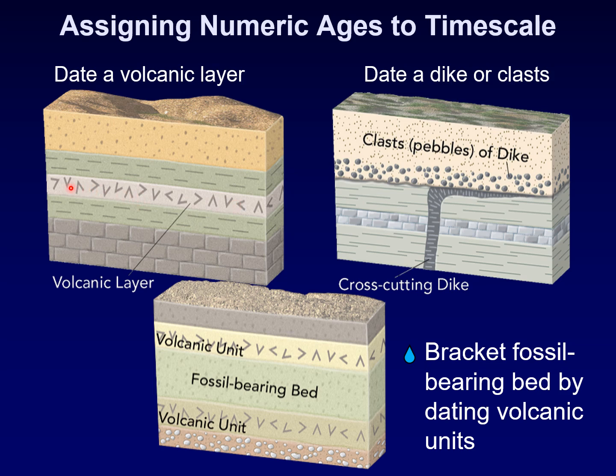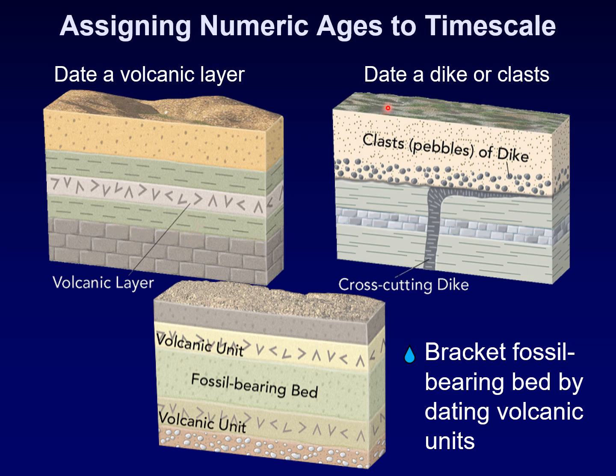And so now we can get an absolute age date from that volcanic layer, because those things cooled very quickly on the surface as this mud was being deposited. And so now right in the middle of this mudstone layer, we have a unit we can date absolutely, right? Because we can get some kind of igneous material out of that and use radiometric dating to get an age. So now we know the age of the deposition of that mudstone. And we know everything above it is younger than that age and everything below it is older than that age.